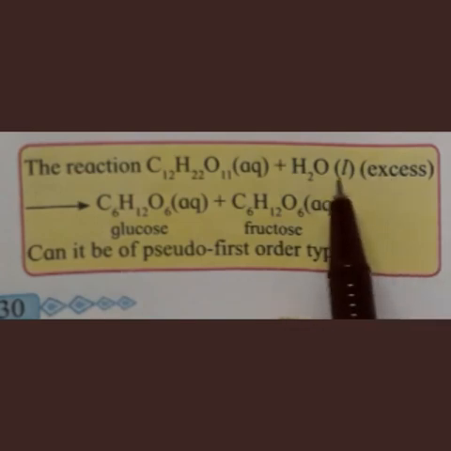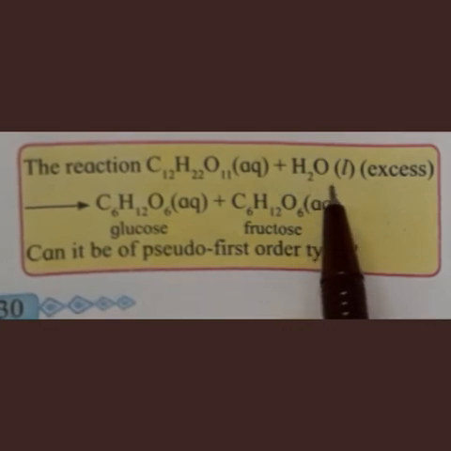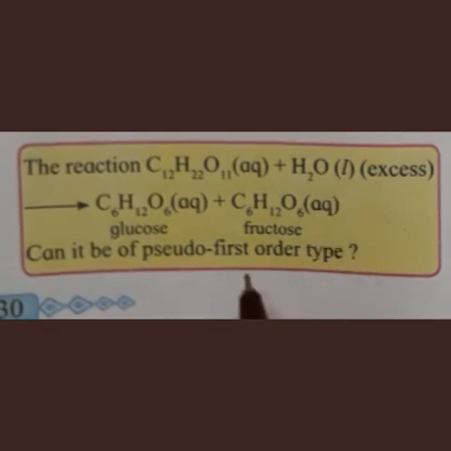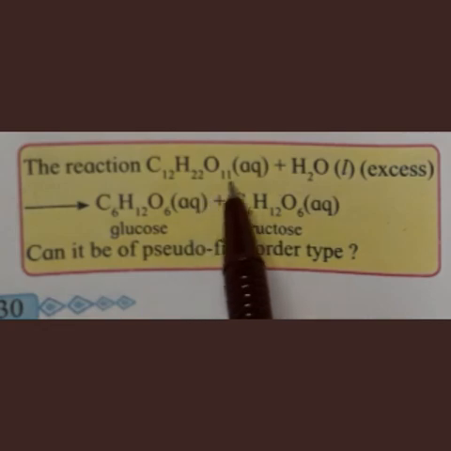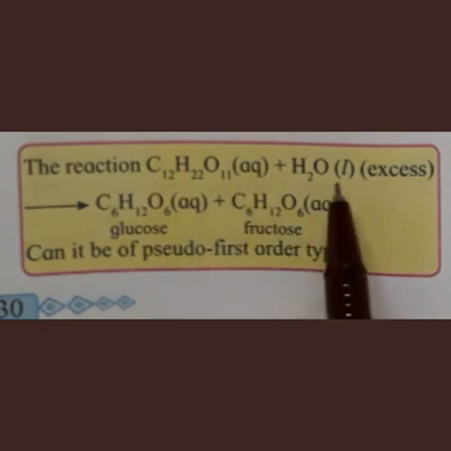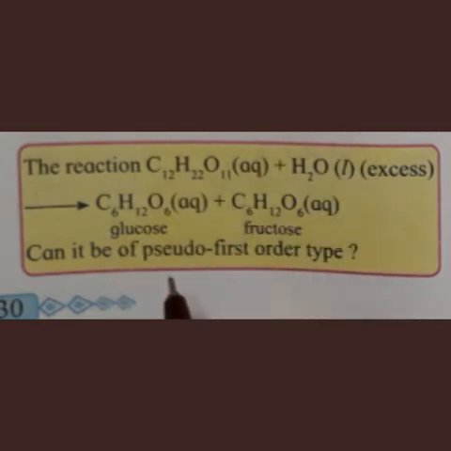So here also we can neglect the concentration of water in the rate law. So this reaction also depends upon the concentration of only one reactant, that is C12H22O11. It does not depend upon the concentration of water, and this is also a pseudo first order type reaction.